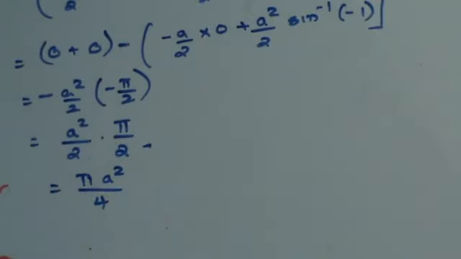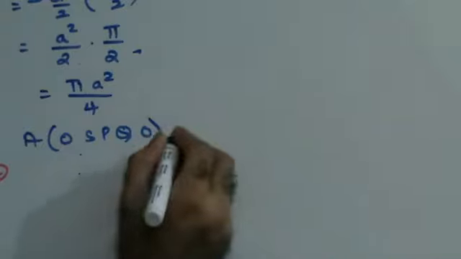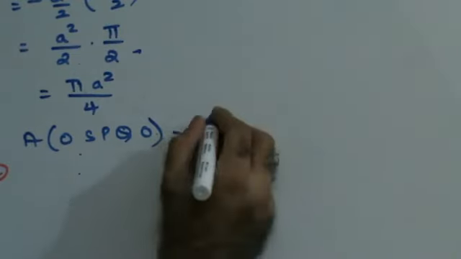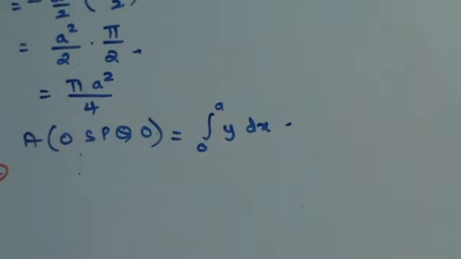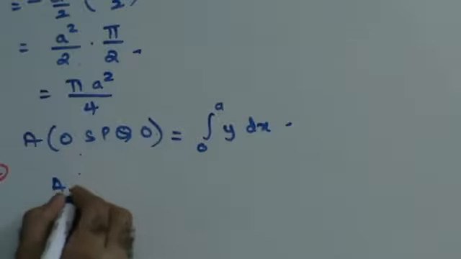Now let us try to find the area of OSPQO. That's your area of the parabola, right? Integral of 0 to a of y dx, right? Let's call this area A2.